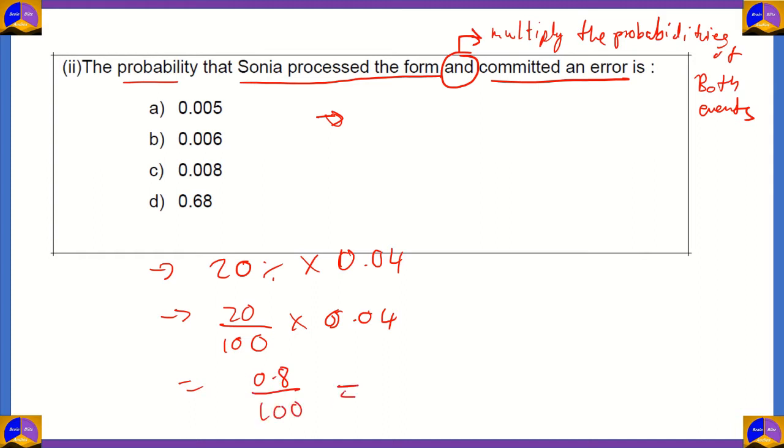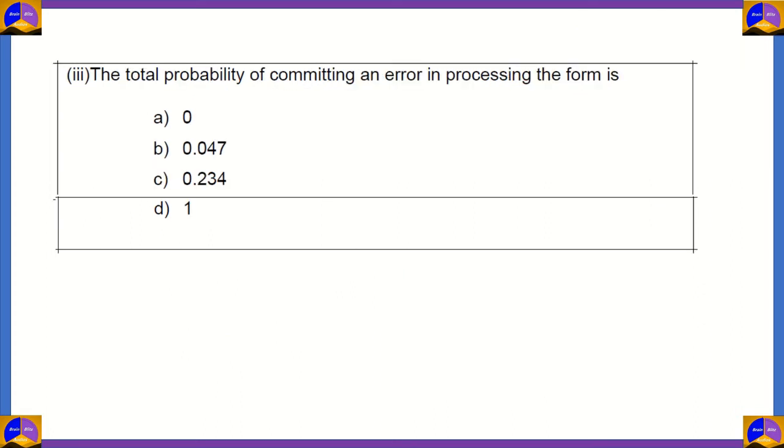That divided by 100 gives us our answer, which is option C, 0.008. The probability that Sonia processed the form and committed an error is the multiplication of both the probabilities separately, and the value for that probability is 0.008.